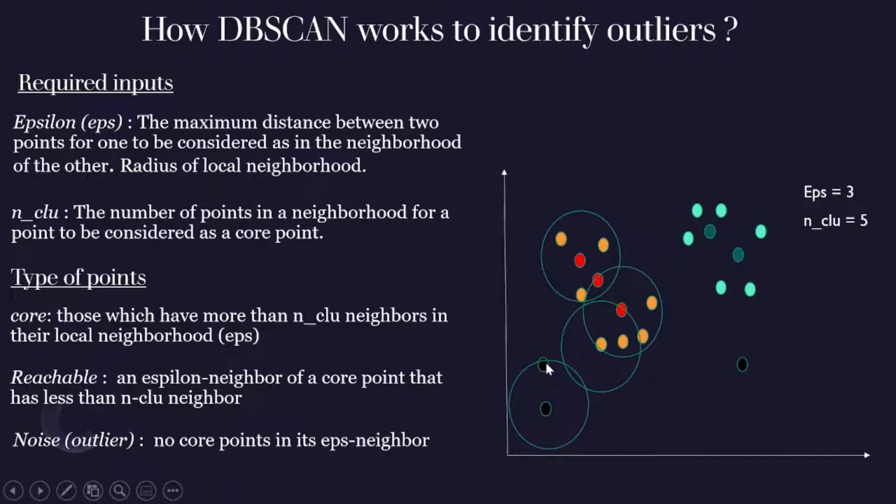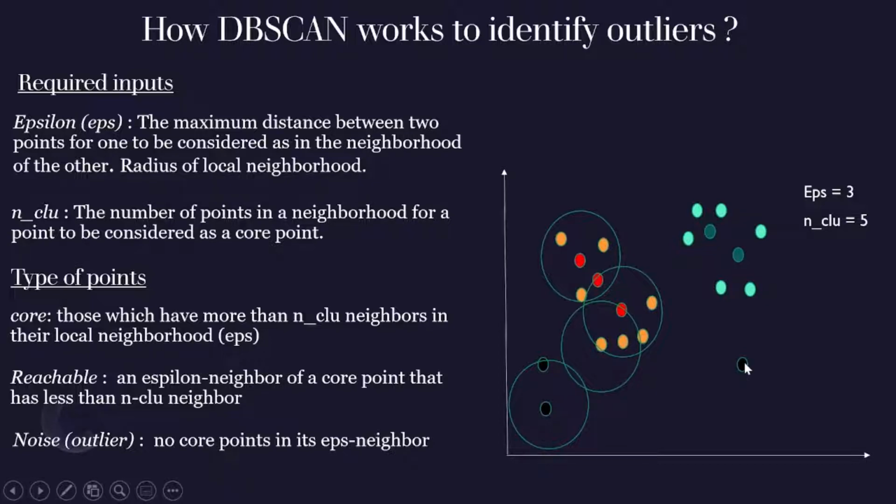It will repeat this process for each point that is close, and when DBSCAN finishes with that part, it will consider that section as a cluster, and it will go to the other part of the data set and repeat the same process to identify which points are core, which are reachable, and which one is an outlier.